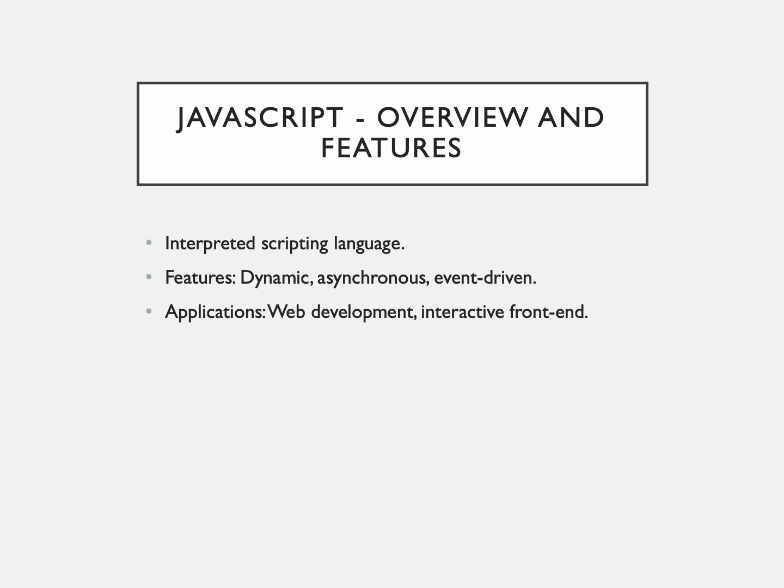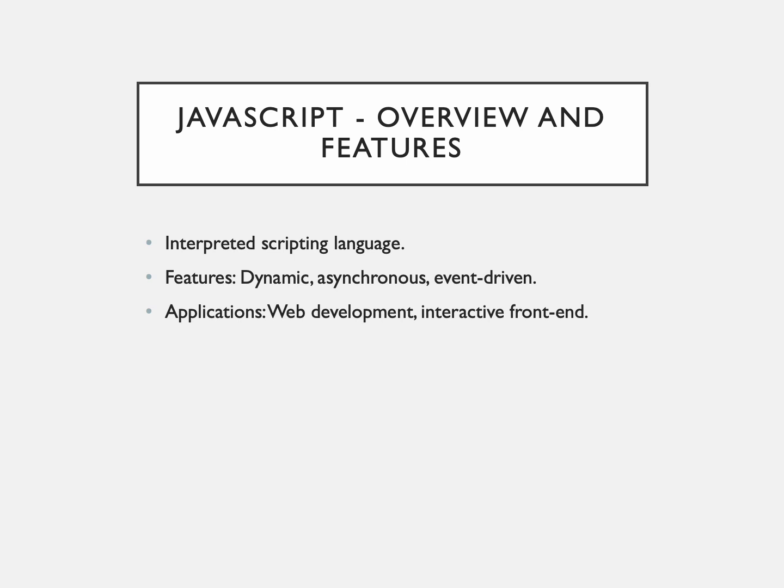Some key features of JavaScript include that it is dynamic, meaning it allows developers to change the structure and behavior of web pages in real time. For example, a form on a website can provide immediate feedback to users without requiring the page to reload.